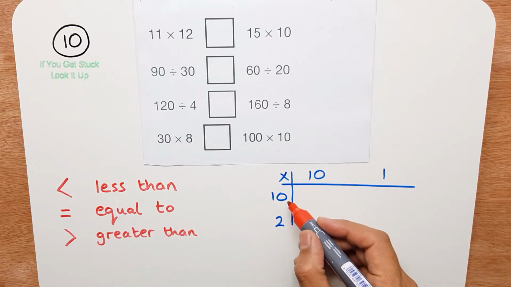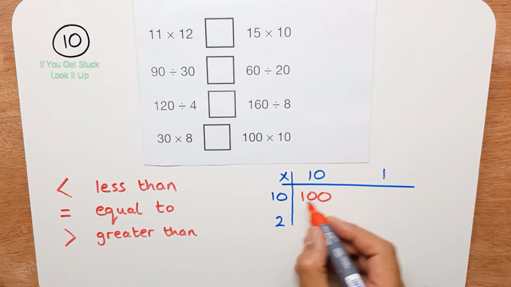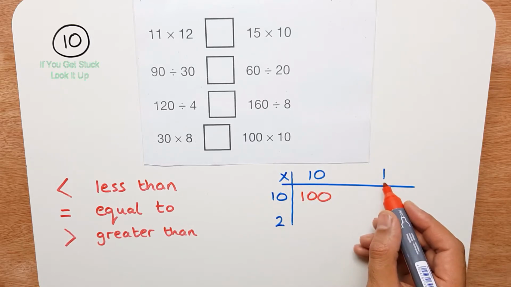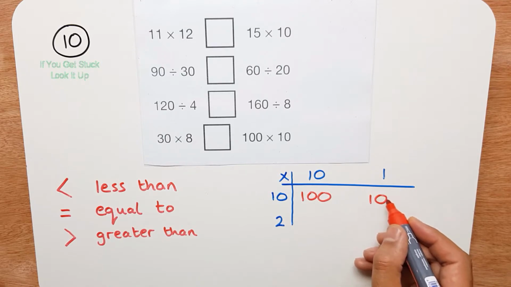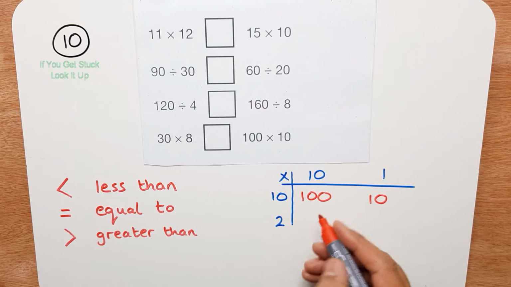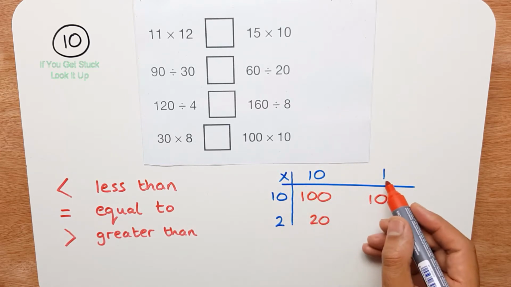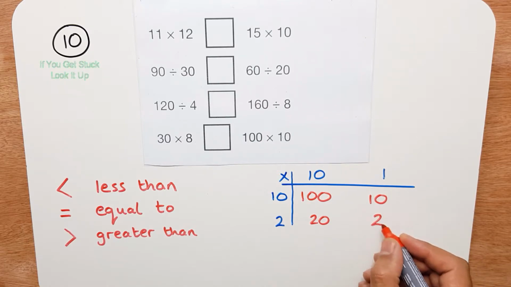So let's go ahead. 10 times 10 is 100. 10 times 1 is 10. Now moving on to the next row. 2 times 10 is 20. And 2 times 1 is 2.